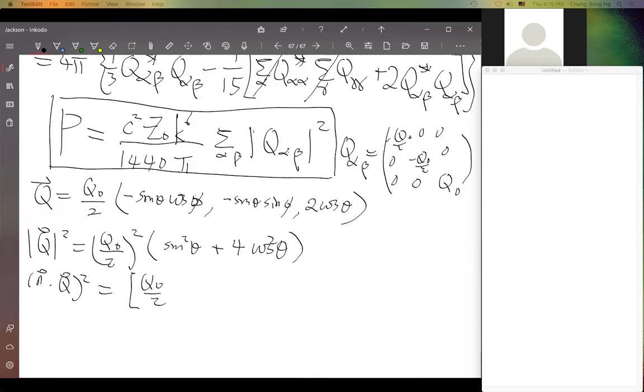Everything will be squared. So you have the square of this, like this one times, yeah, minus the square of that. So you have minus sine square theta, and then plus 2 cosine square theta, and then everything squared.